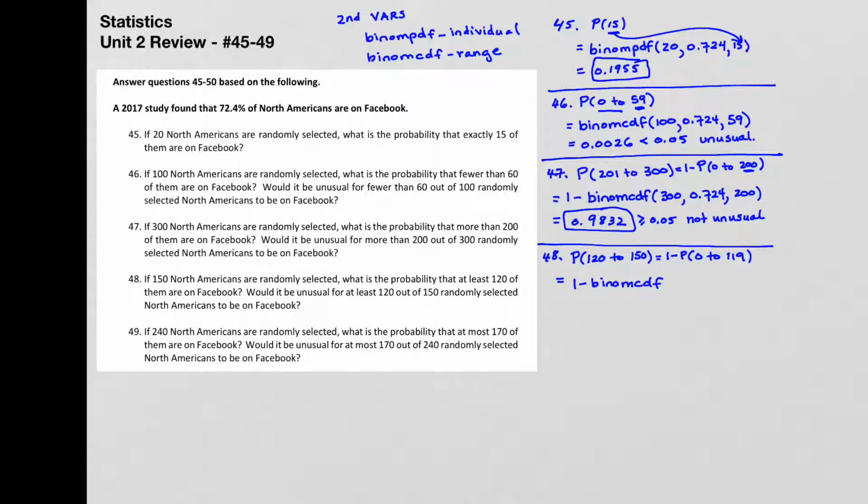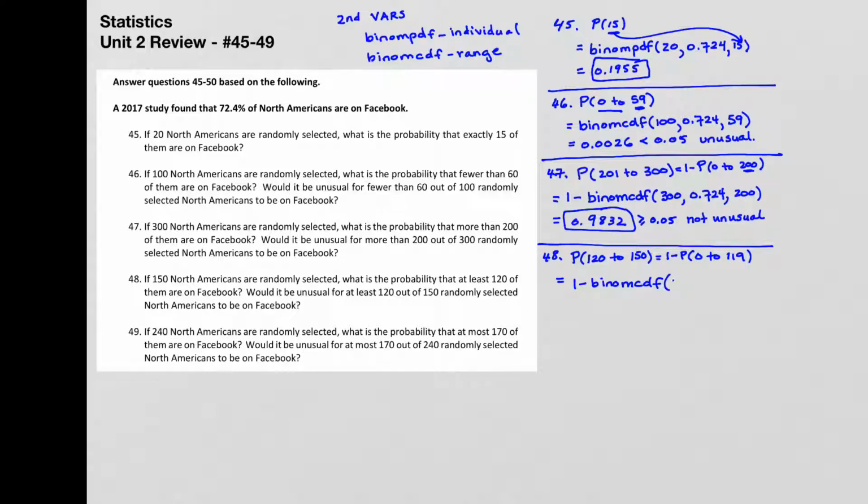Once you have this, 1 minus probability of 0 to 119, this is going to be very easy because you're just doing the same thing as normal. Just make sure you put in that 1 minus and then do your binom CDF and enter in the information.